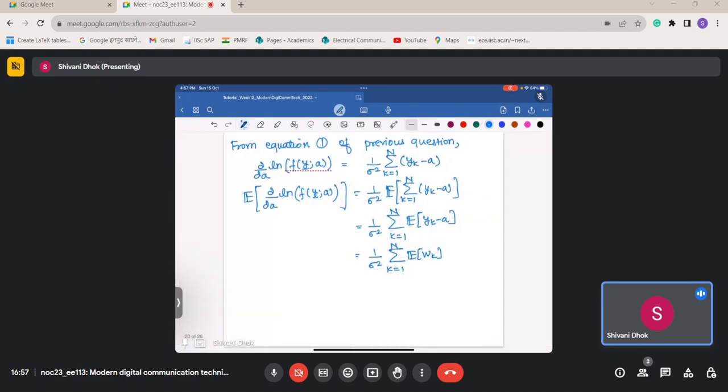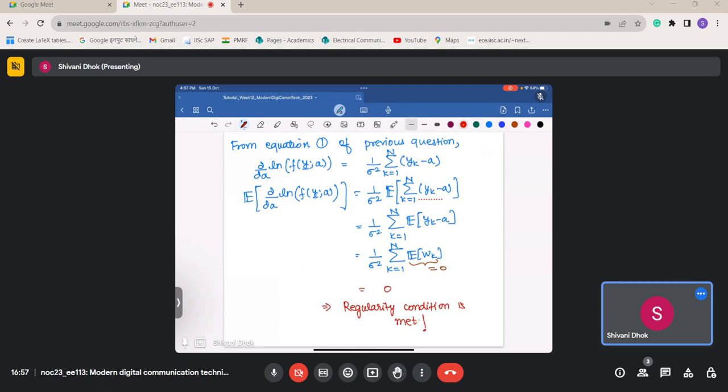So this expectation of w_k is equal to 0, and the entire summation reduces to 0. So the expectation of del by del A of log f of y given A is equal to 0. This implies that the regularity condition is met.